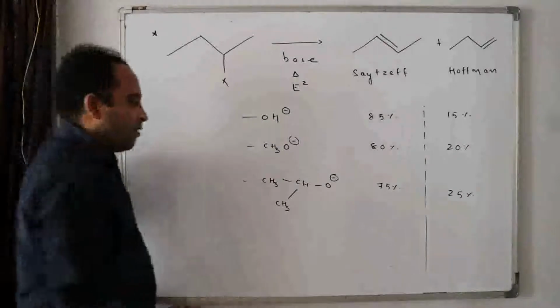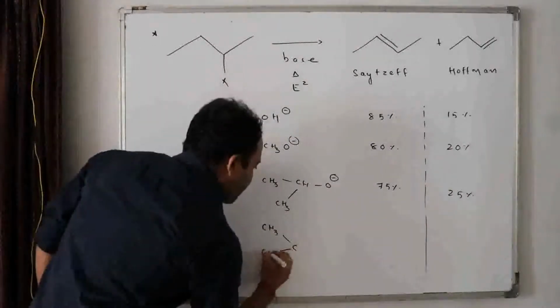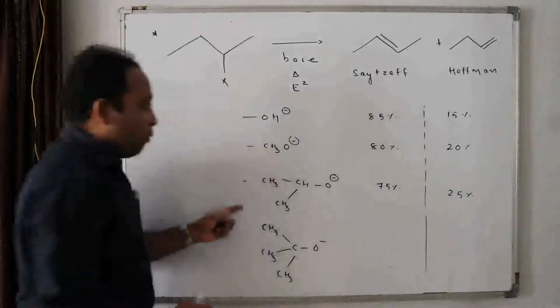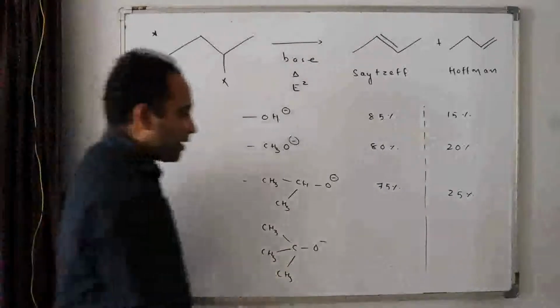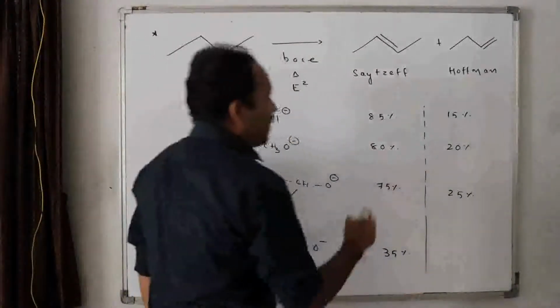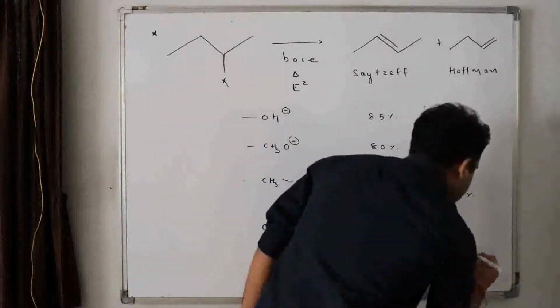Got it? Now, if the base is more bulkier, look at this case. Hofmann will be dominating. Zaitsev's will be 35% and Hofmann will be 65%.